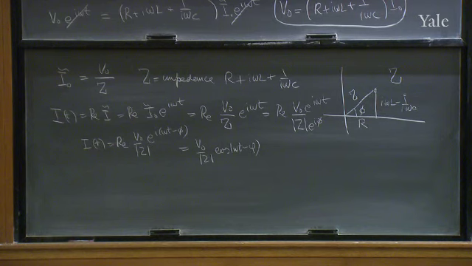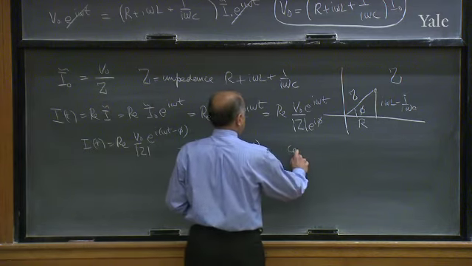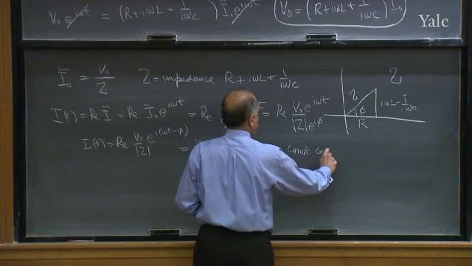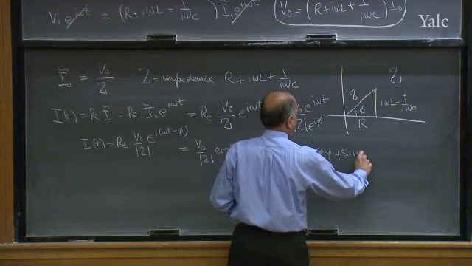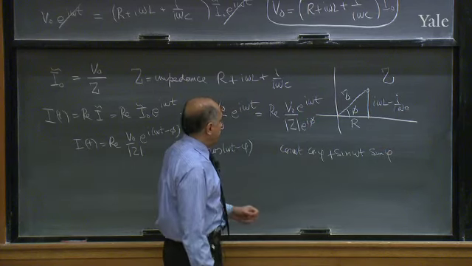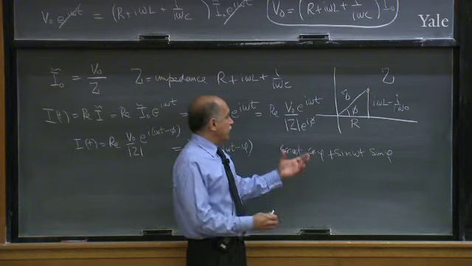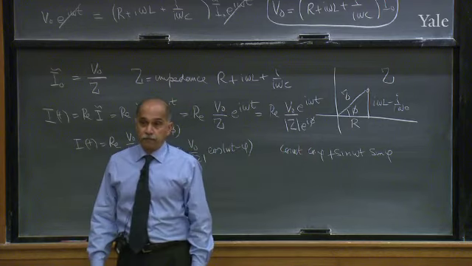That's the answer to the original question. Now you know trigonometry well enough to know that cos omega t minus phi is really cos omega t cos phi plus sin omega t sin phi. So the answer cannot be just a cos and cannot be a sine. It's a suitably chosen admixture of sines and cosines that does the trick.